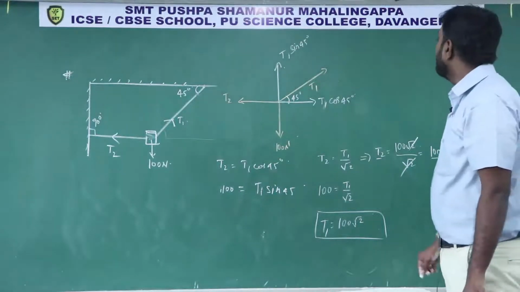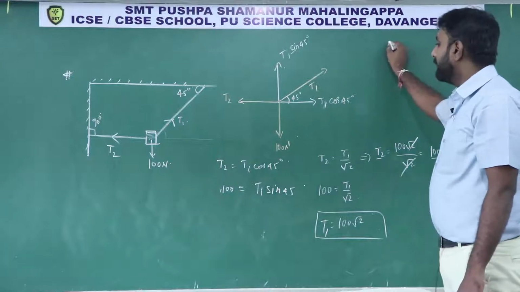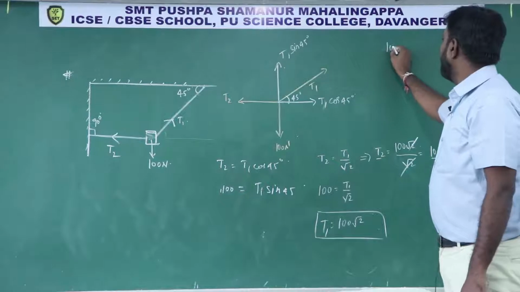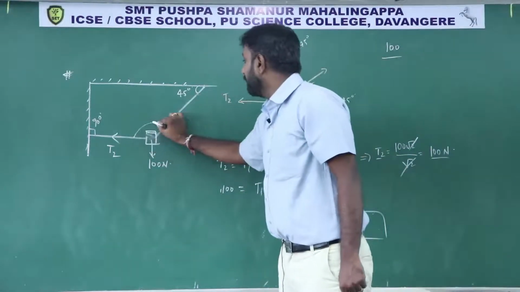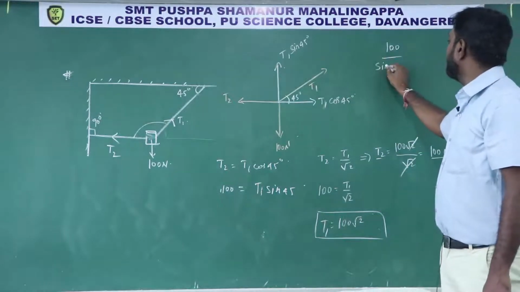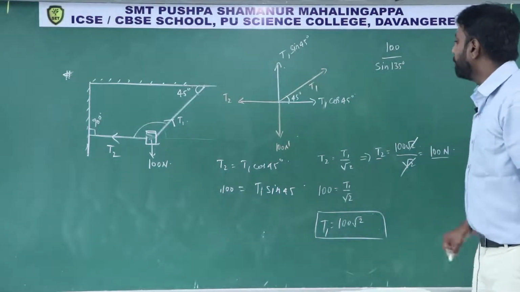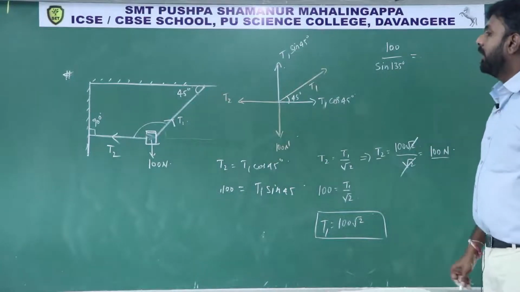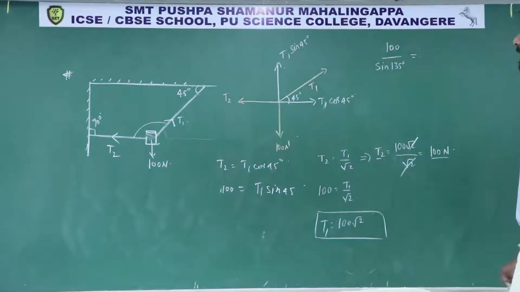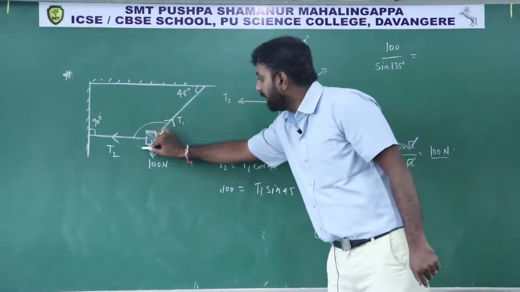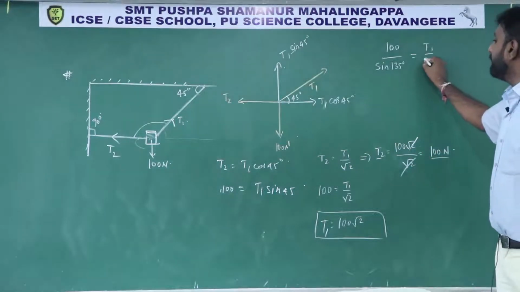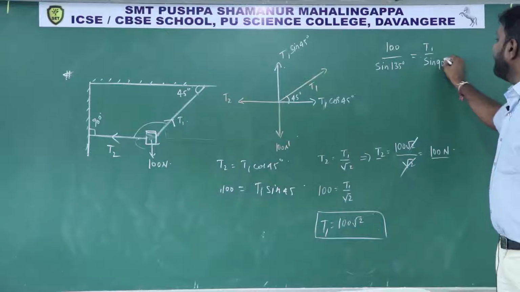And what is the other method? By using Lami's theorem, you can consider 100 Newton divided by the sine of the angle opposite to it. What is this angle? Definitely, if you observe, it comes to 135. So 100 by sine 135 equals, for T1, T1 by the sine of the angle between 100 and T2, which is sine 90.